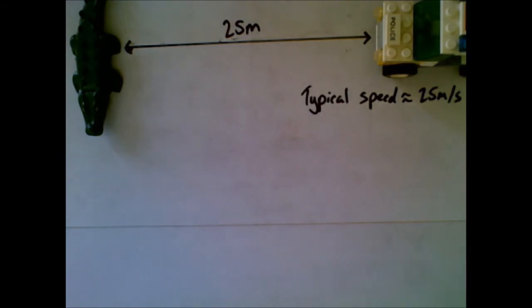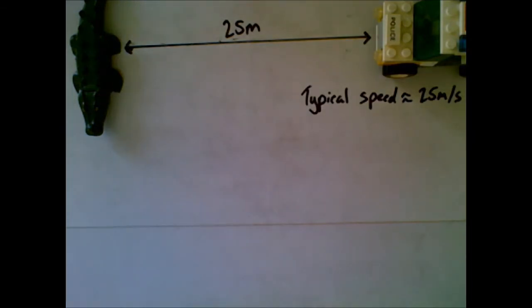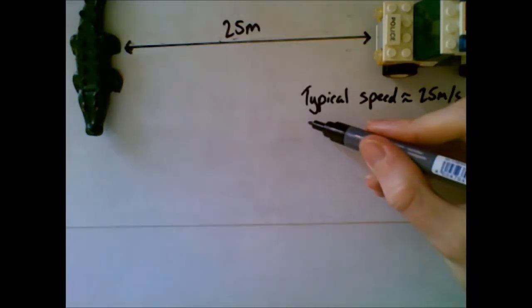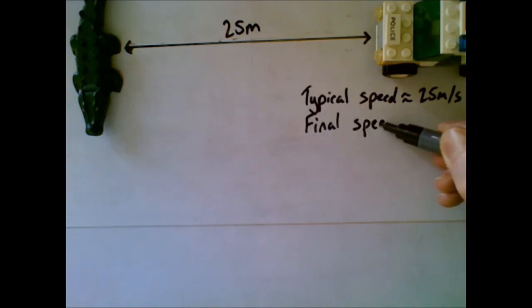Okay, and so actually, we do know roughly what the speed of the car is. We know that the distance it's going is 25, and we do also know that the final speed of our car is 0.